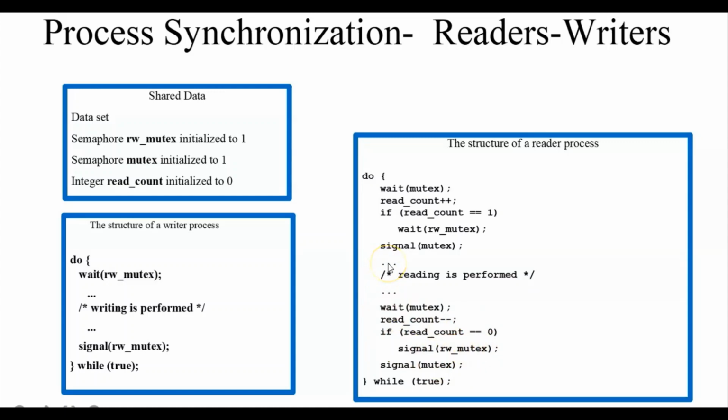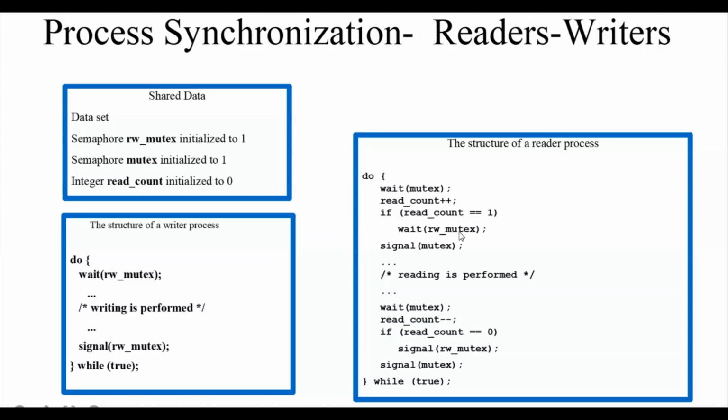So summarizing here, as you can see in the entry section of the reader process, the reader process first calls wait mutex and then increments the read count, and it checks if it is the first reader. If so, it calls wait RW mutex, indicating it's going to lock the write operation.